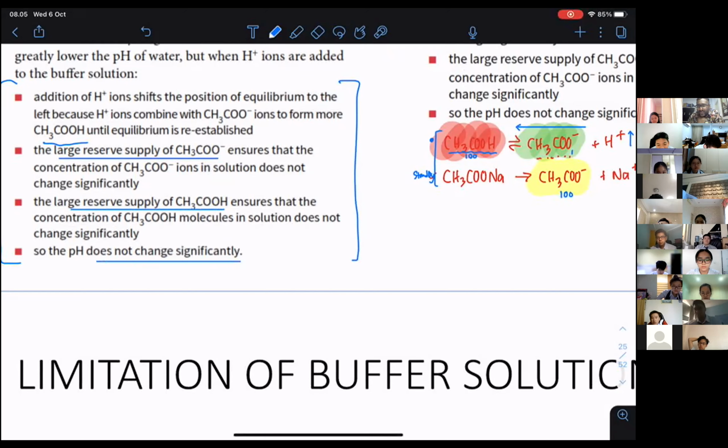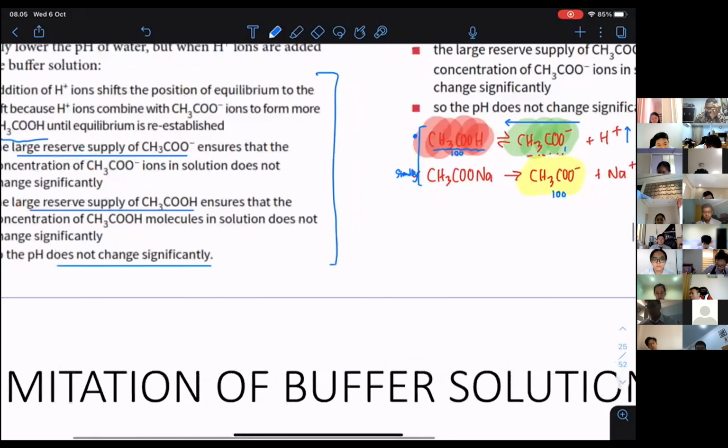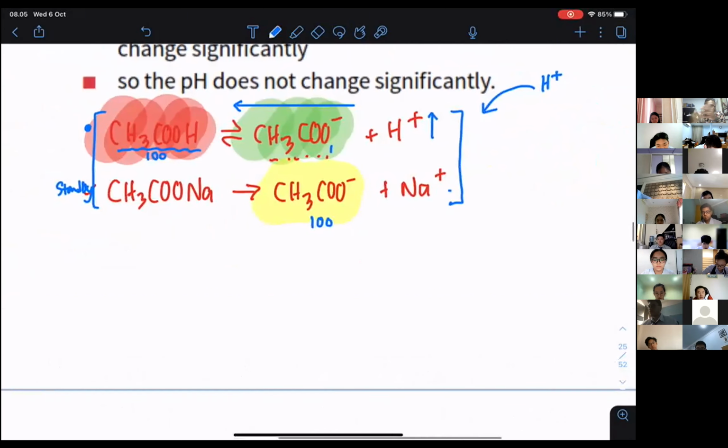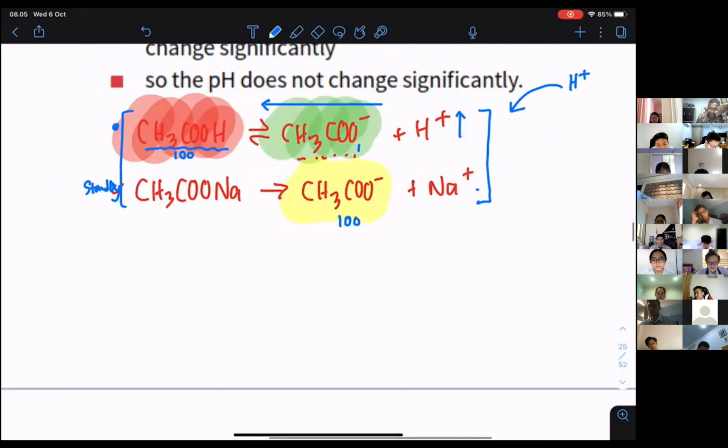Even though the H plus is changing, it will be compensated. It's the same situation where you have 100 apples and nothing happened, and then something comes in, this one is already removed, as though nothing happened. So that is how buffer works.